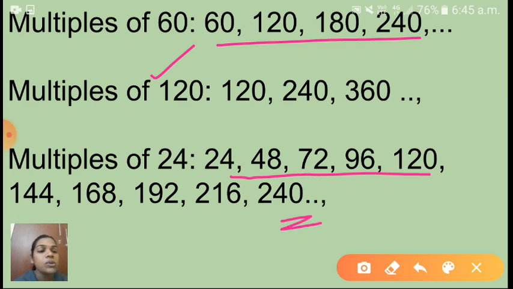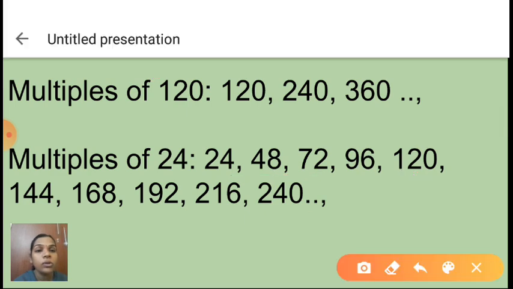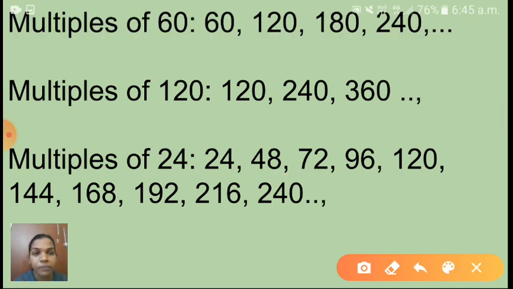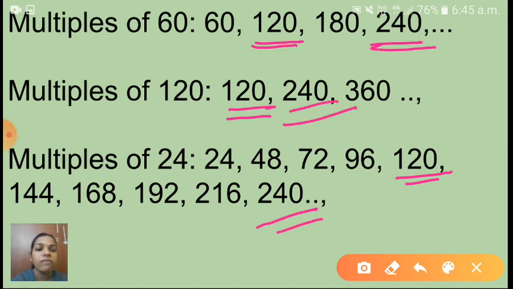Okay children, now it's time to list the common multiples. See here, 120, here also 120, here also 120. The next common multiple, can you see? Yes, 240, 240 and 240.